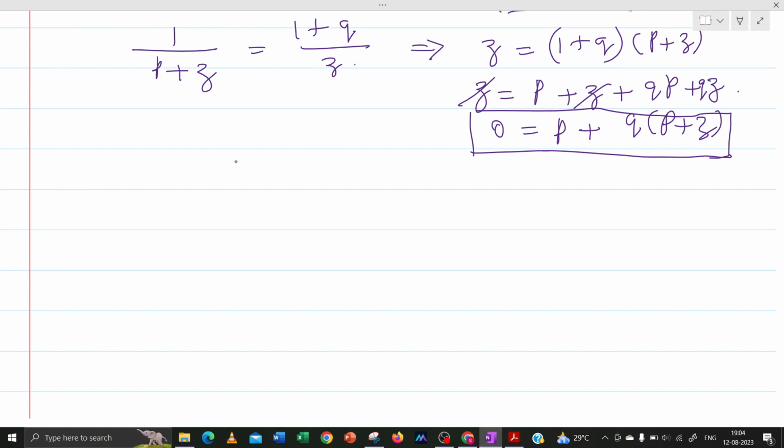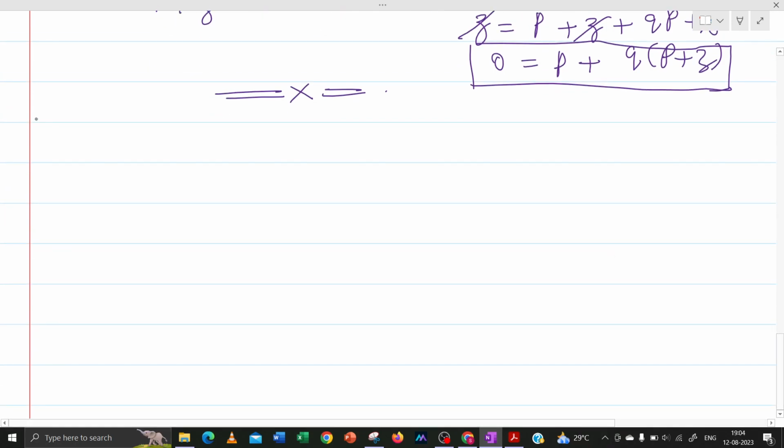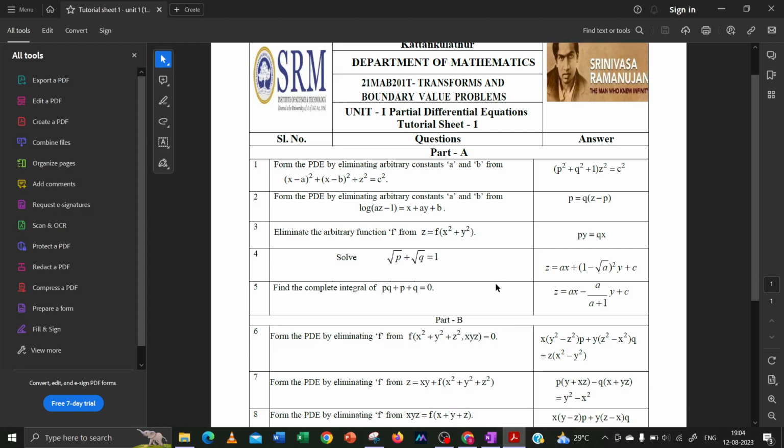This is the partial differential equation. Then we can go for the third problem. Third problem is, let's see here.